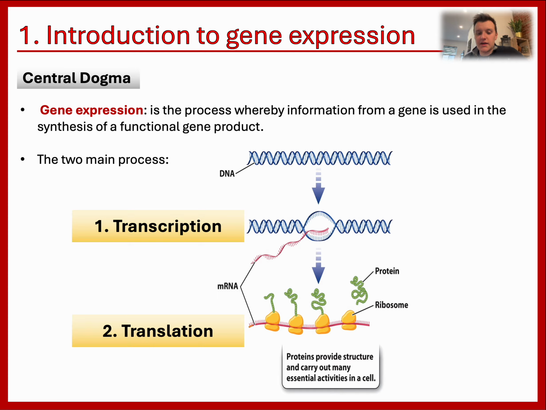And then this mRNA that's floating around in the cytosol, the cytoplasm outside of the nucleus, will find a ribosome, maybe a ribosome that is on the endoplasmic reticulum, the ER, or maybe a freely floating ribosome.